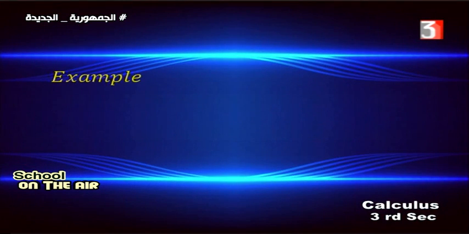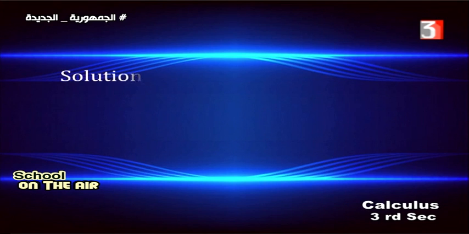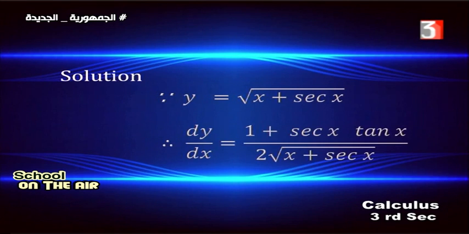Another example. If y equals square root of x plus sec x, find dy/dx. Now we have a square root. y equals square root of x plus sec x. Then the first derivative dy/dx equals, in the numerator, the first derivative of the function inside the square root.